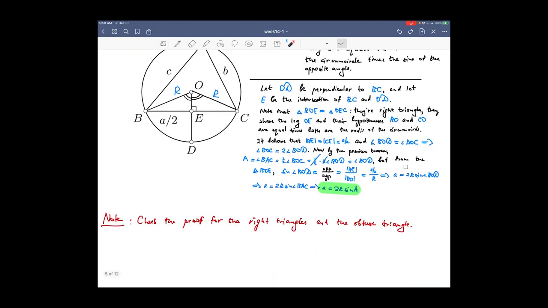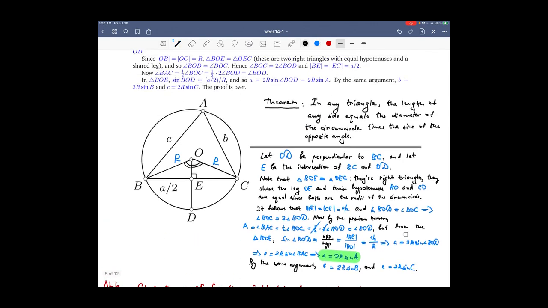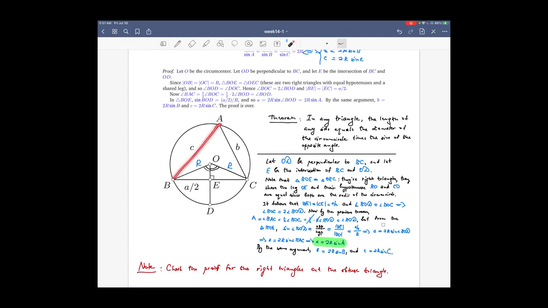And of course, by the same argument, you can show that b equals 2R sine B, and lowercase c equals 2R sine C. Again, the picture assumes that our triangle is acute.